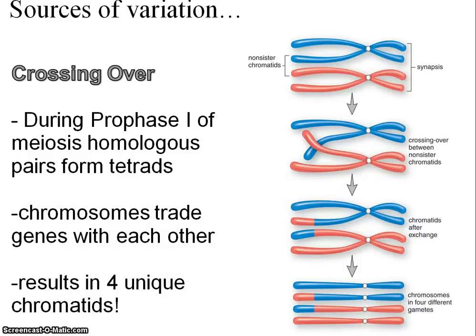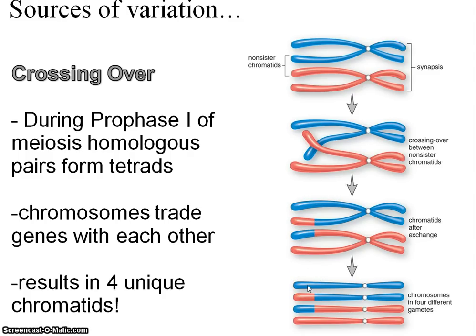One of the major sources of this variation is something called crossing over. During prophase 1 of meiosis, you have homologous chromosomes pairing up, right? And when they form this tetrad, they actually get all mixed up together and they exchange material. You'll notice this little bit here and this little bit here have exchanged with each other.